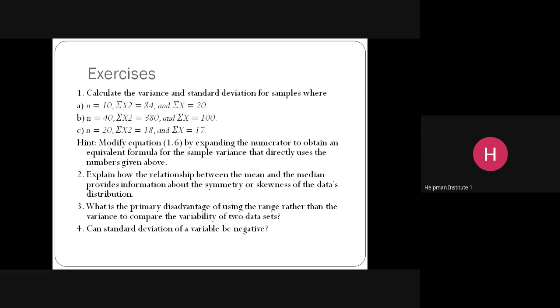Remember, the range and the variance are two measures of variability or dispersion. So we should do some research to know the primary disadvantage of using the range rather than the variance. Then finally, can the standard deviation of a variable be negative? We will answer all these and present them in the next class.